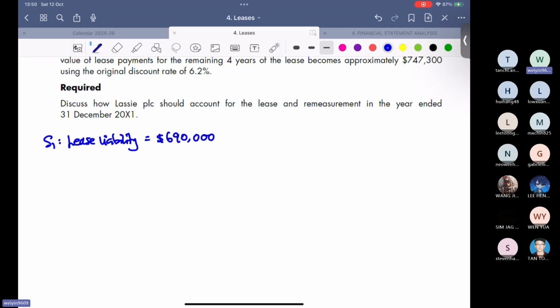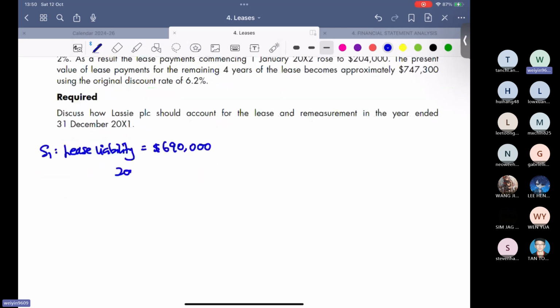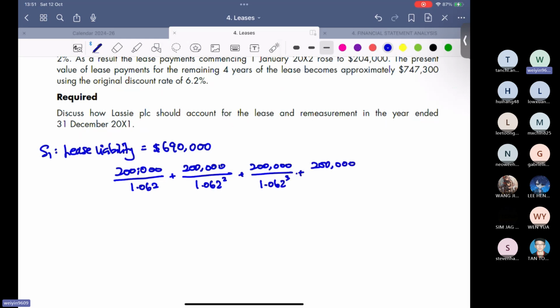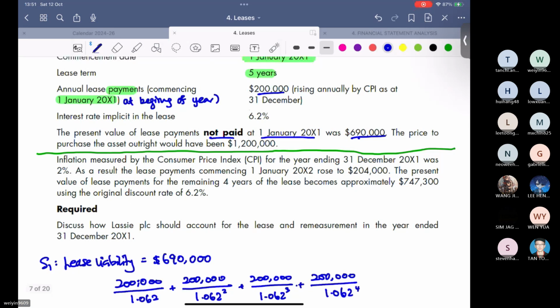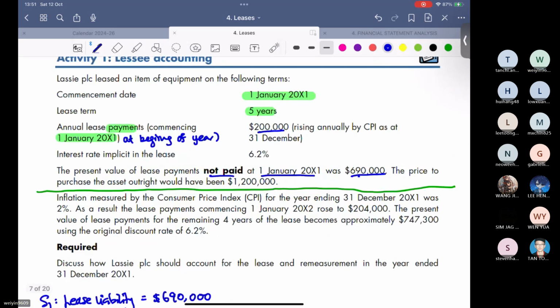If you are required to calculate, then it will be 200,000 divided by 1.062 to the power of 1, plus 200,000 over 1.062 to the power of 2, plus 200,000 over 1.062 to the power of 3, plus 200,000 over 1.062 to the power of 4. But the payment is already given as 690,000, so you don't need to calculate.